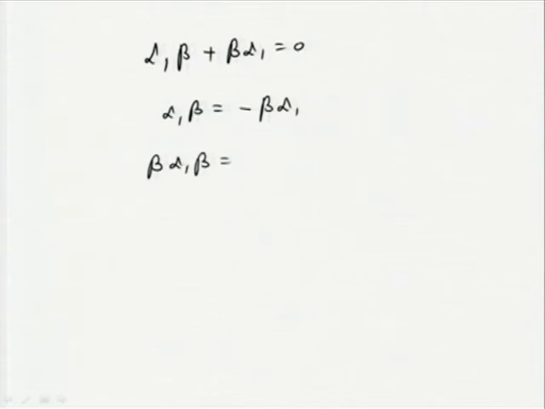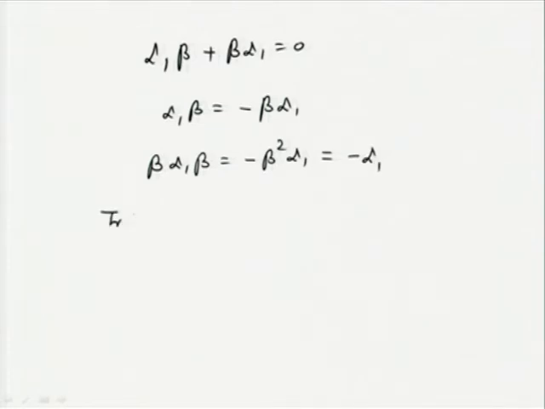Then let us look at the anti-commuting property of alpha i. Let us specifically take alpha 1 and beta, so alpha 1 beta is equal to minus beta alpha 1. Now, let me multiply this by beta from the left side. So, that will give you beta square alpha 1, but beta square is equal to 1, therefore, it is equal to alpha 1.